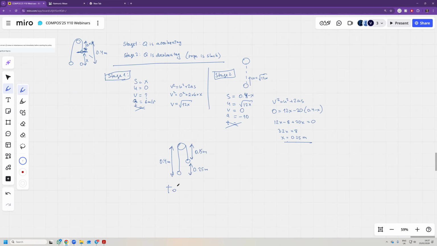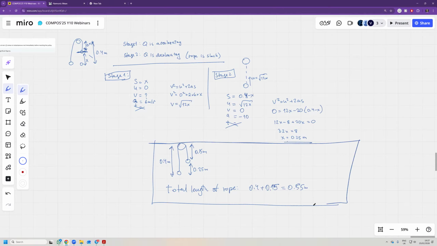So the total length of the rope is 0.4 plus 0.15 meters. I love this question. I think it's the best question I've seen on Isaac Physics. 0.55 meters. The first part was quite basic, but the last part is indeed a very nice one. Lovely.